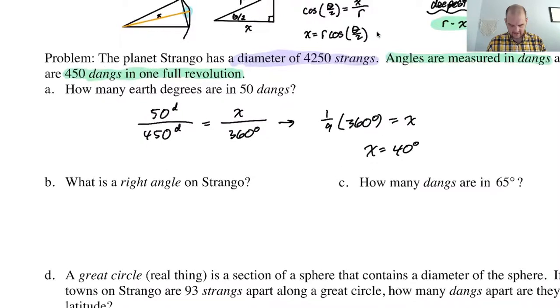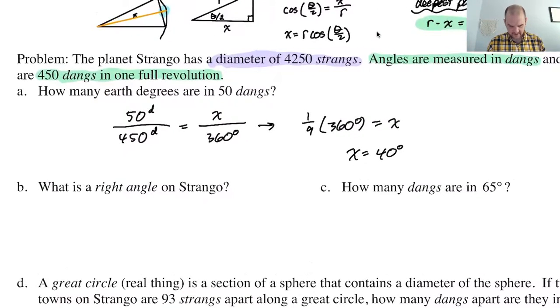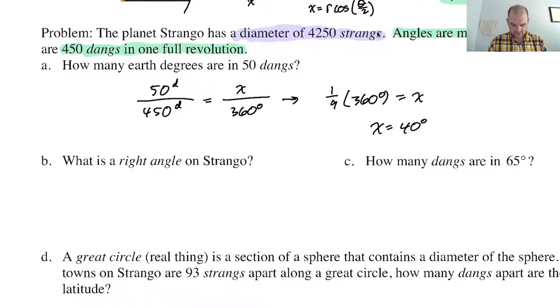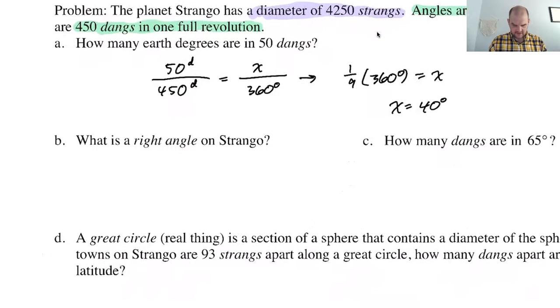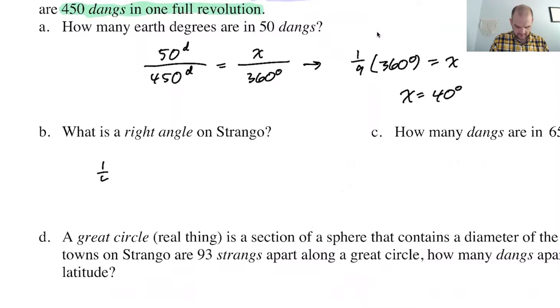What is a right angle on Strango? Okay, a right angle is 1/4 of a full revolution. Would they call it that? I don't know, but that's what we call it. So we should do 1/4 of a full revolution, which is 450, which doesn't really simplify nicely.